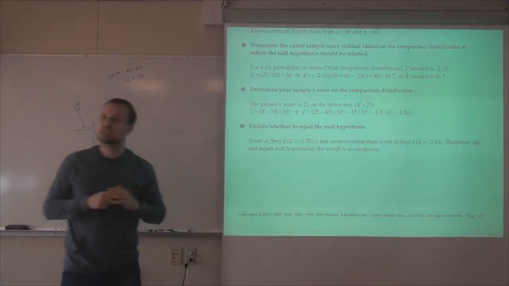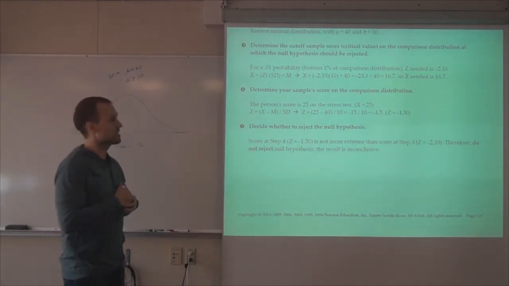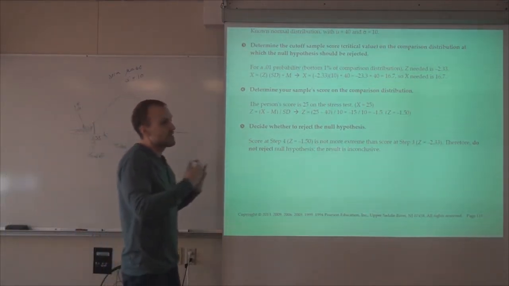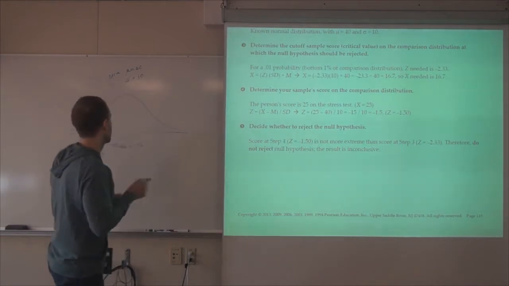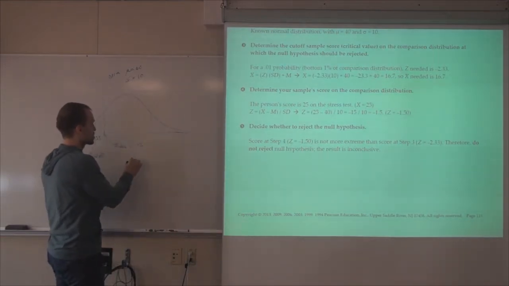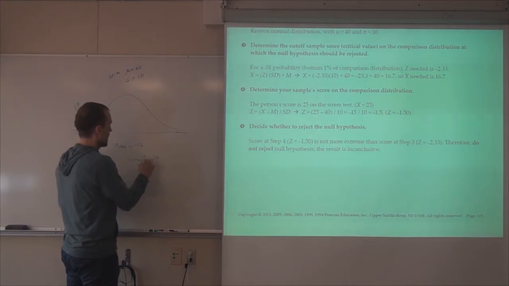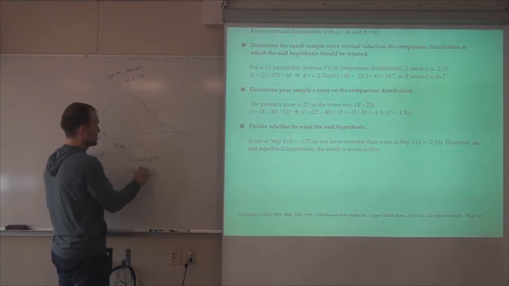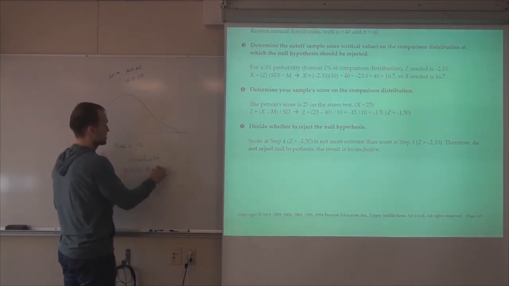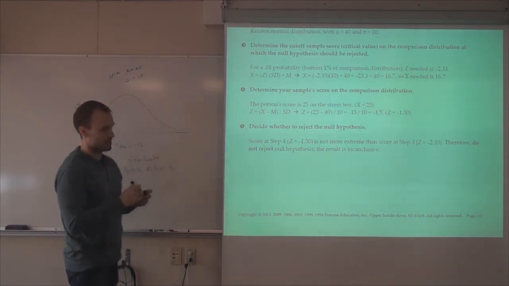I'm not going to reject the null hypothesis in favor of the research hypothesis. The evidence just isn't strong enough. So I'll say it's inconclusive and do not reject my null hypothesis.